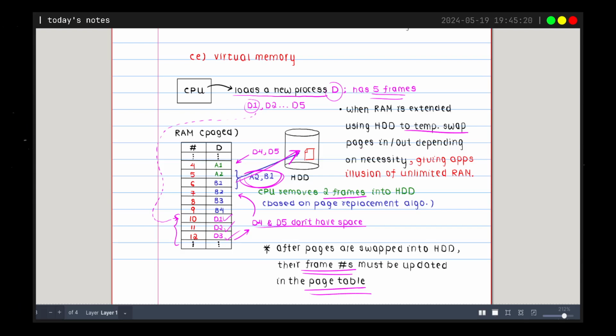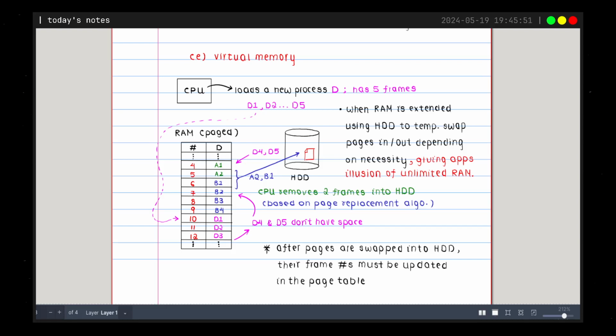Once again, in summary, you have a process that requires space, but there isn't space in the RAM. Oh, I have to make a clarification there. When a process tries to come in and there isn't space for it in the RAM, the frames of some other process that are least frequently used will be swapped out of the RAM into the hard disk drive to make space for these new processes.